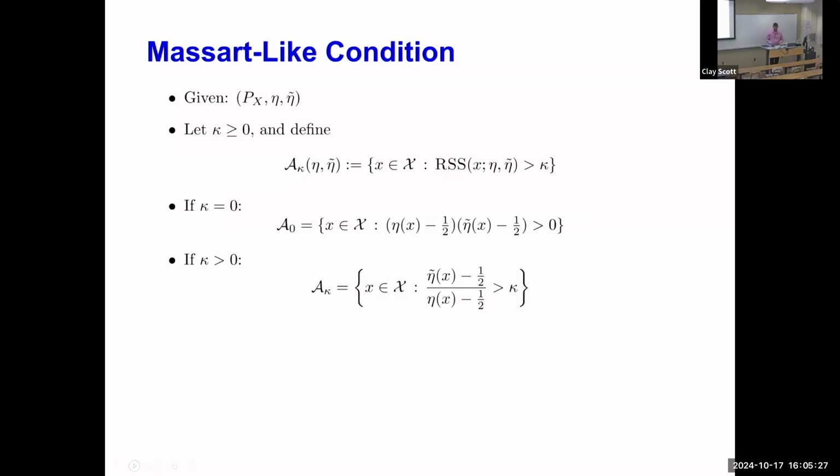So then that motivates a Massart-like condition. Let kappa be a non-negative real number, and we're going to define a set A kappa: basically, the set of all points in our input space where the relative signal strength is greater than kappa.